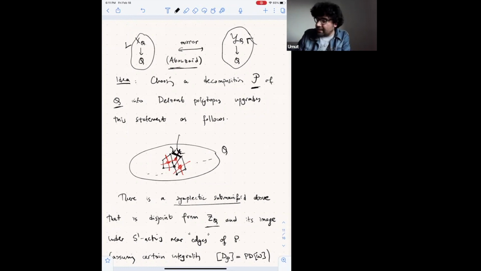And in fact, even after you take S1 actions, these local S1 actions near edges, it's disjoint from the symplectic manifold. Okay, so this symplectic submanifold is what lets you define the large volume limit of the symplectic manifold. If you remove this symplectic submanifold, which depends on P, on this subdivision into polytopes, you get an exact symplectic manifold, and that's going to be the large volume limit.